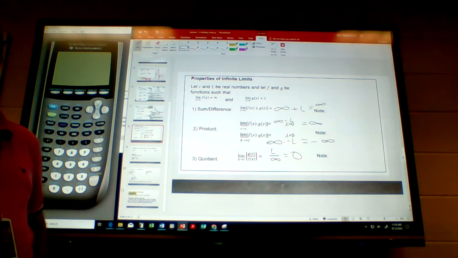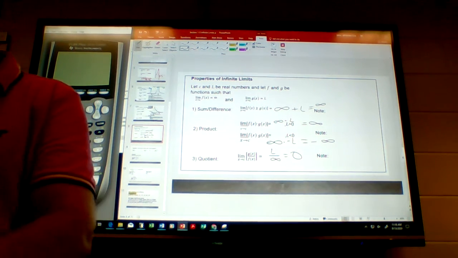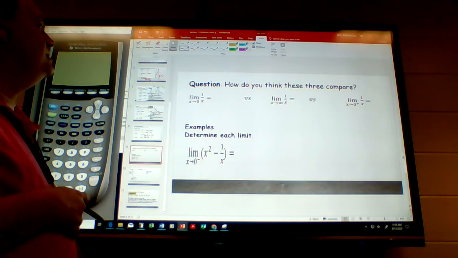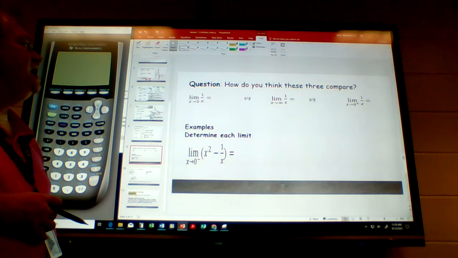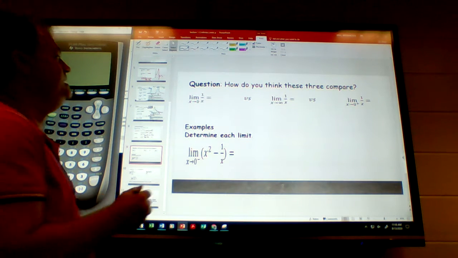So in the meantime, let's move on to the next topic, and that would be, how do you think that these items compare such that the limit of 1 over x as x approaches 0 is going to be undefined.